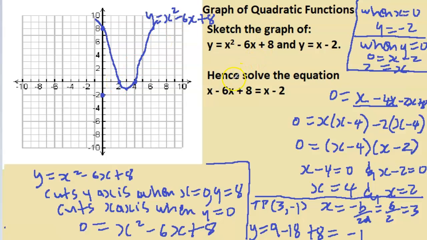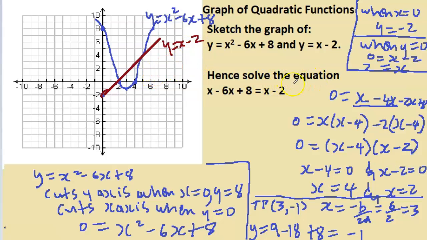We'll draw a straight line to connect these points. I want a straight line going through -2 on the y and +2 on the x. That's the equation of the line, y equals x minus 2.